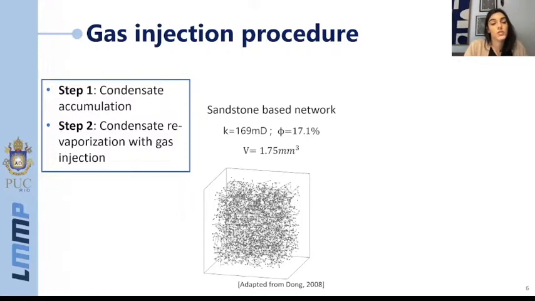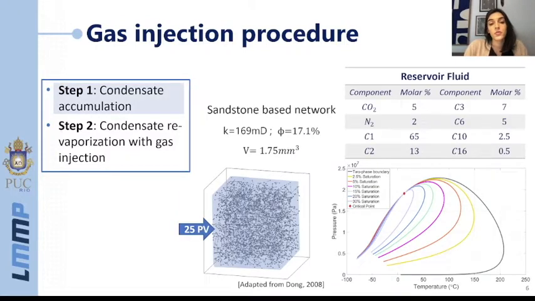So detailing those steps, in the first, we inject 25 pore volumes of this mixture here, representing the reservoir fluid with 8 different components, which gives us this phase diagram, and this step was performed at the temperature of 60 degrees Celsius at those 6 different pressures here, so that we could evaluate the effect of pressure in this method.